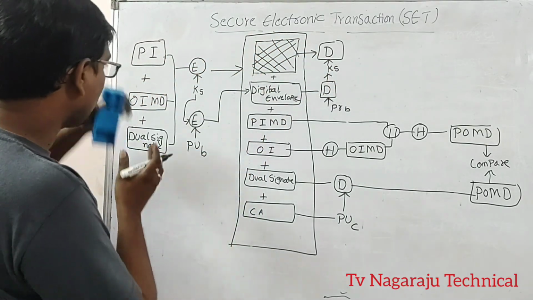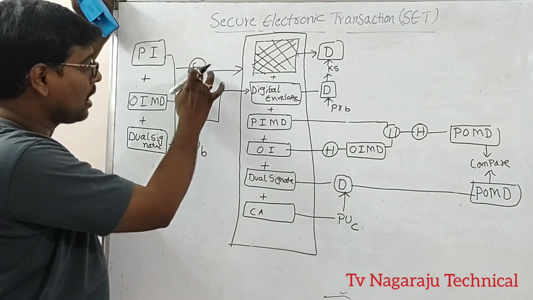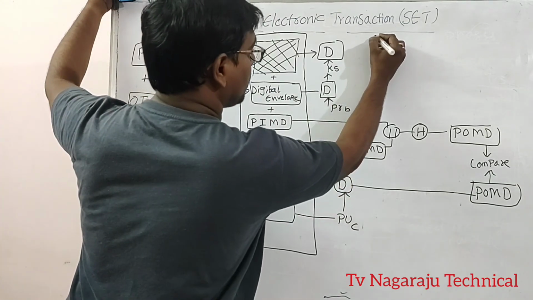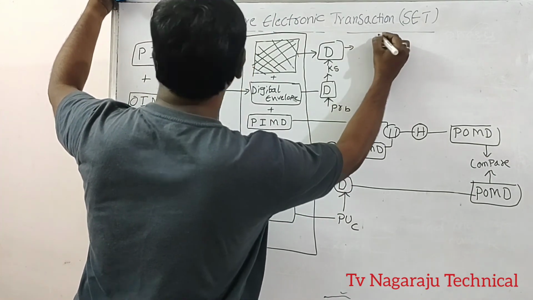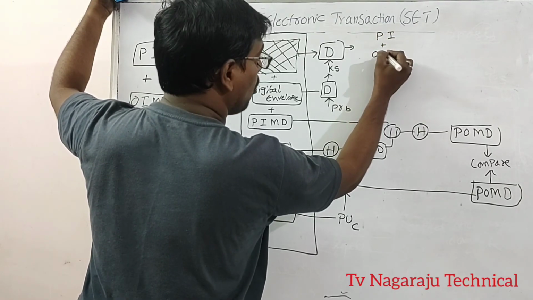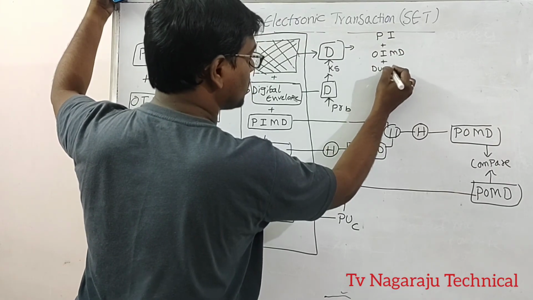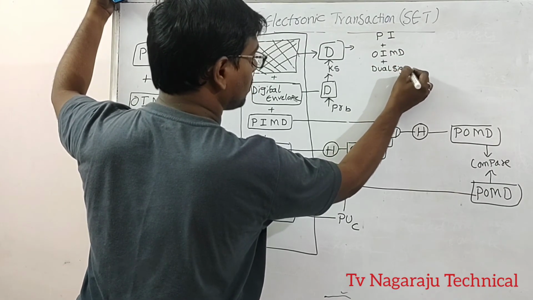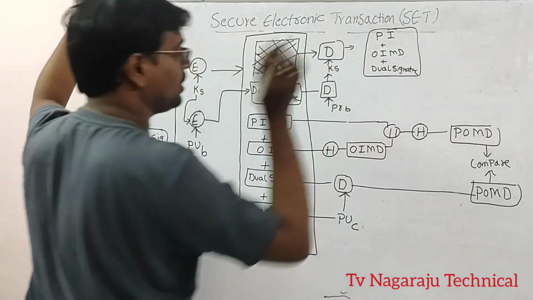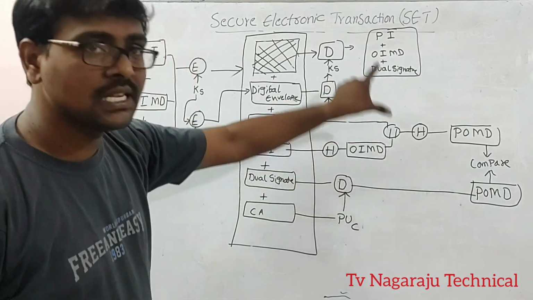After decryption, what does it generate? We are combining these three, encryption. After decryption, we are getting all these three pieces of information. What information are you getting? Payment information plus OIMD plus dual signature. So we are getting all this information. Yes or no? Now again you need to do the same process.